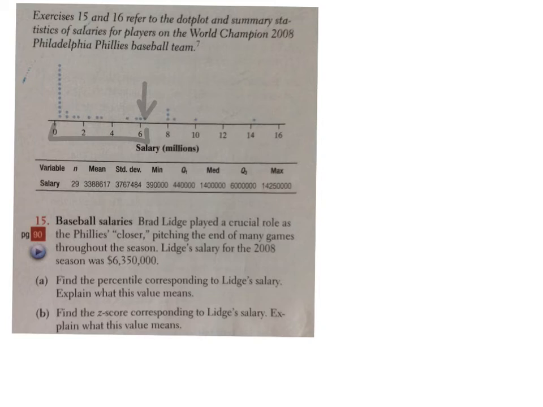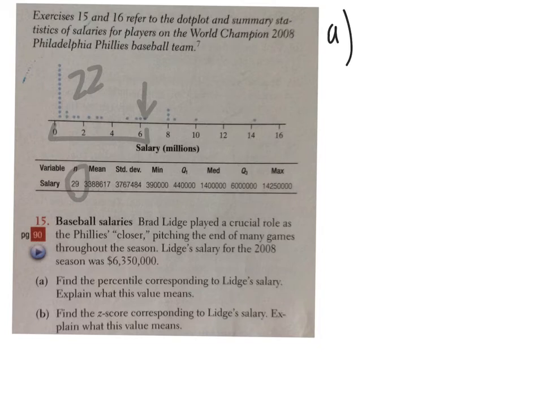After some quick counting, I found that there were 22 less than it. So that means he's the 23rd dot, and there are 29 total I can see on this N here. If I do the old definition, I would do 22 out of 29. But the new definition, I would do 23 out of 29 because it's actually on the 23rd.